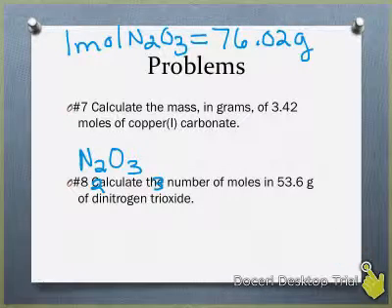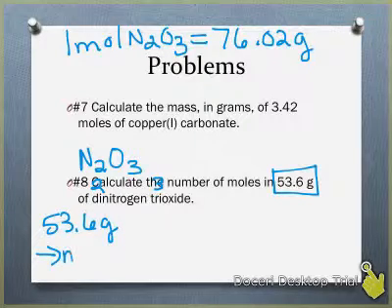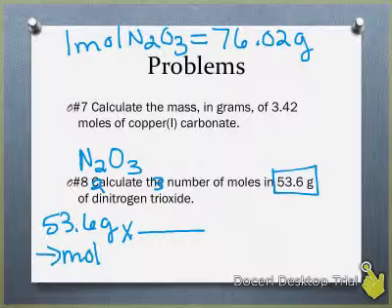What's the first step in every single conversion? Write down what we're converting. What are we converting? 53.6 grams. Until we get good at this, I want you to write where we're going. So where are we going? Moles. Okay. I need to put what I want over what I have.